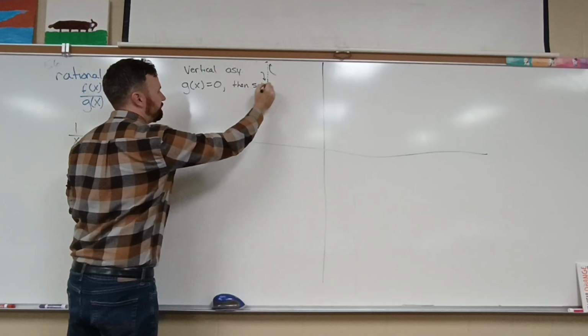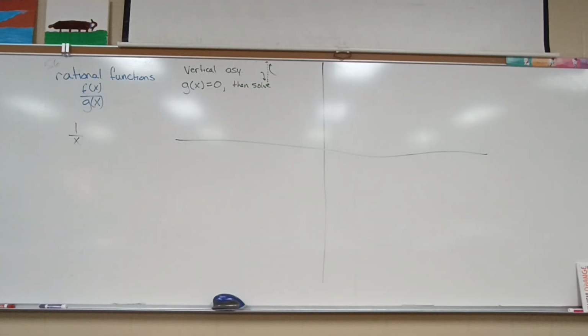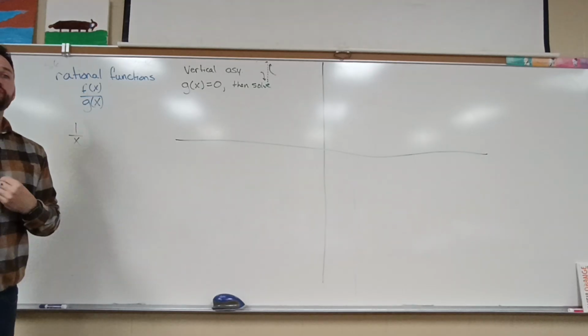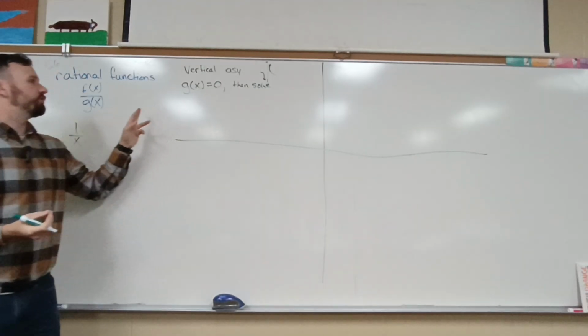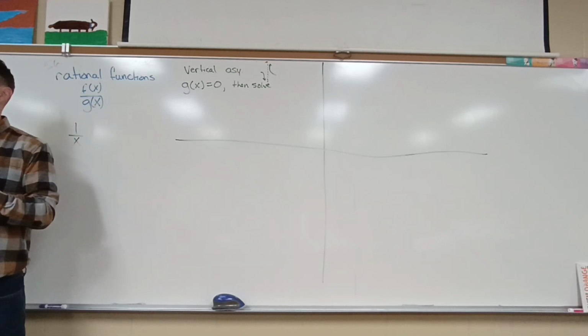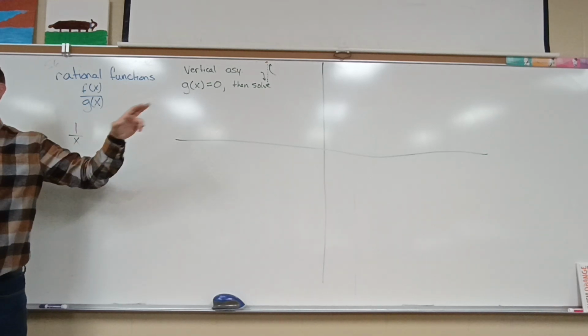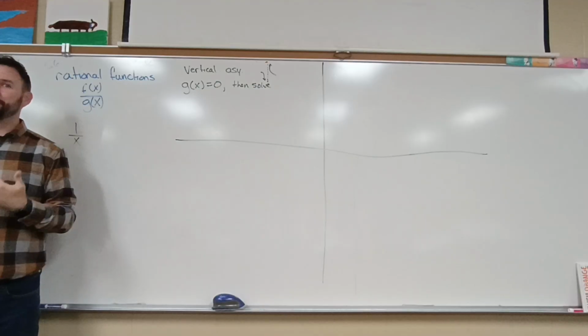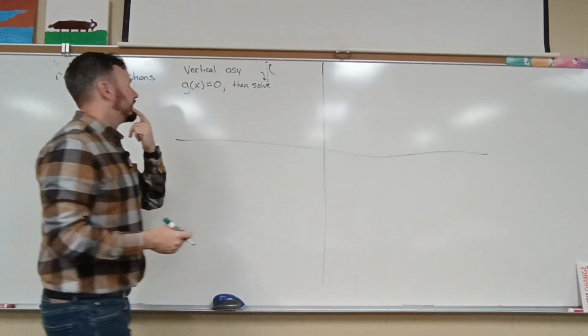That's it. Okay? So to find vertical asymptotes, you set the bottom equal to 0, and you solve. There's another important step to this where you check it, where you plug it in and make sure it's not a 0 for the top. I'm not going to worry about that right now, because when we do the other steps, saying the top equals 0 is also part of the process.